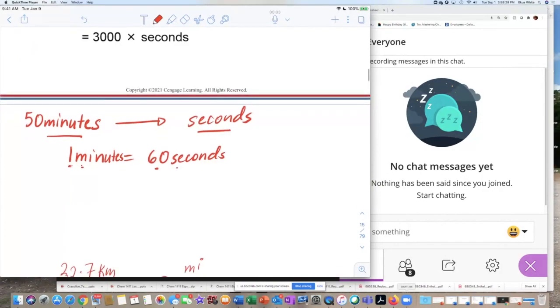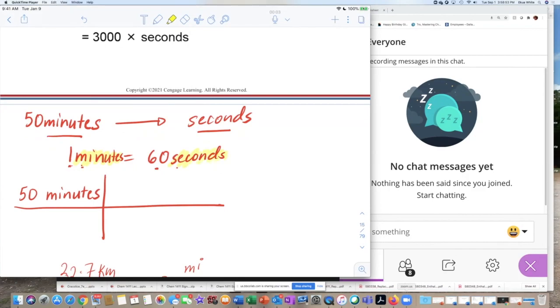Okay. In our conversion, you always start with what's given. So I'm going to start with 50 minutes. That's my given number and my given unit. And then I'm going to use the conversion I have. The ideal conversion equates the given unit to the wanted unit.